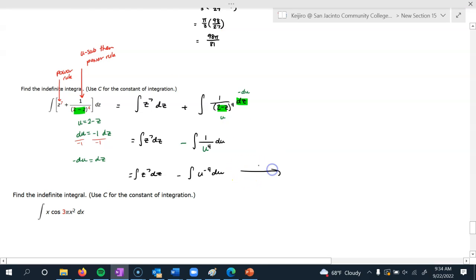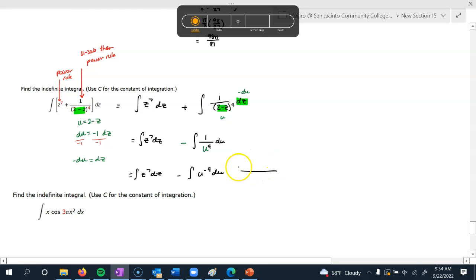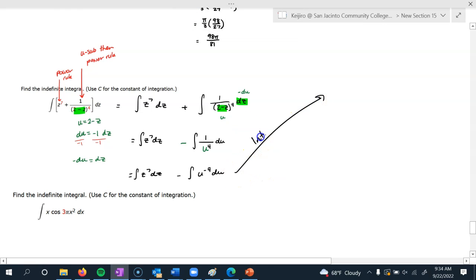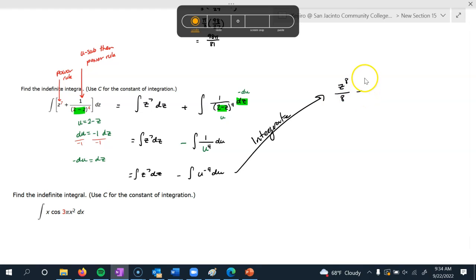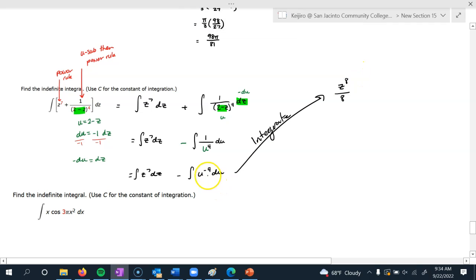So actually integrating, that will be z to the 8 over 8 plus, let's see, if we raise the power by 1 on this u, that's going to be -3, right? -4 plus 1 is -3, and we're going to divide by -3, since that's the new power.